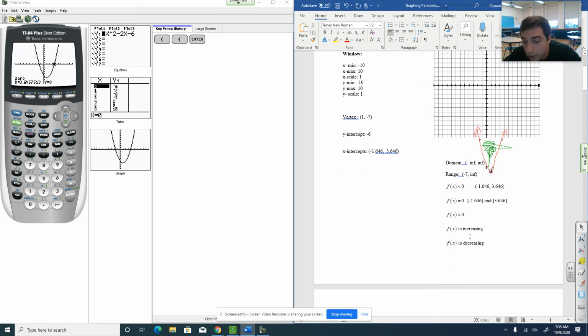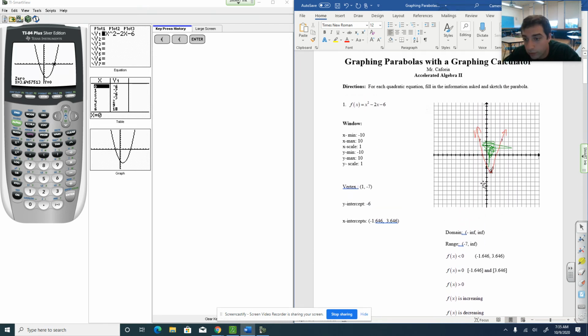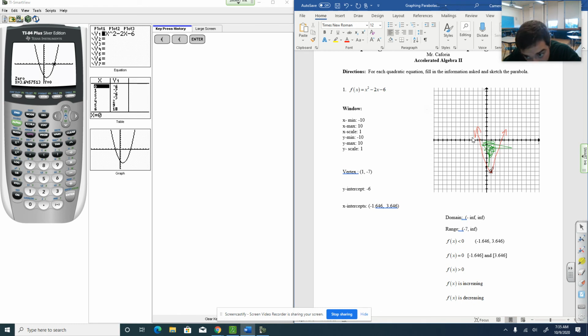Okay? Where it's greater than 0 is from this point forever this way, because these arrows are going to go up forever. So it also means it's going to go over forever in terms of x. So it's going to be greater than 0 from negative infinity to this point, and then from this point forever in this direction.